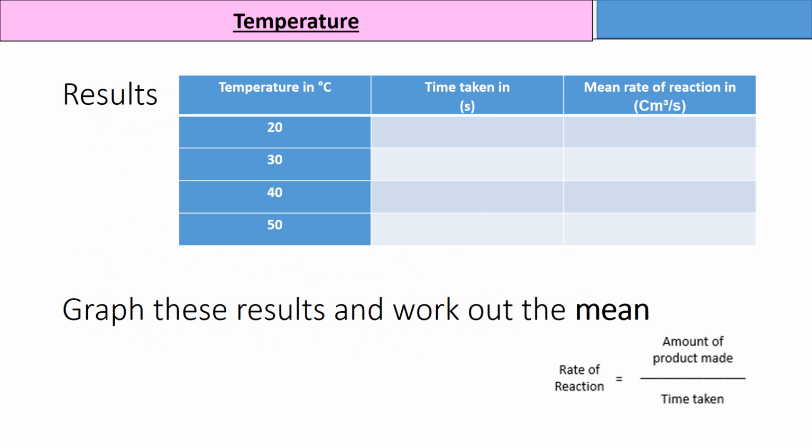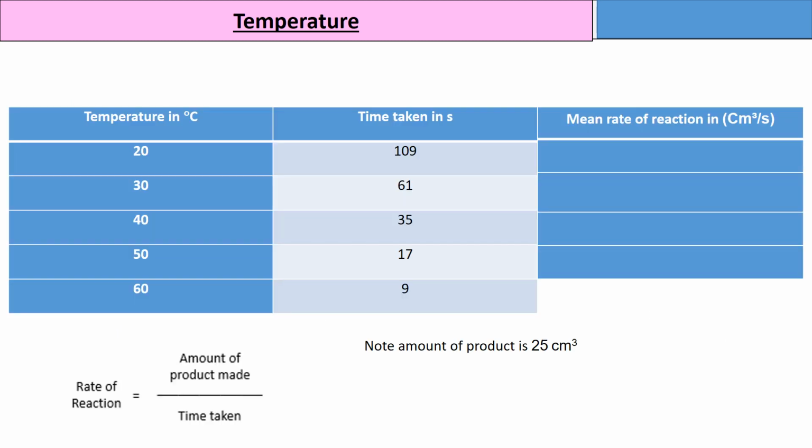I've actually got an extra column because I've got 60 degrees in that. To work out the rate of reaction, it's the amount of product made, which is 25 centimeters cubed in all of them, divided by time taken. So what I'd like you to work out for me is the rate of reaction.